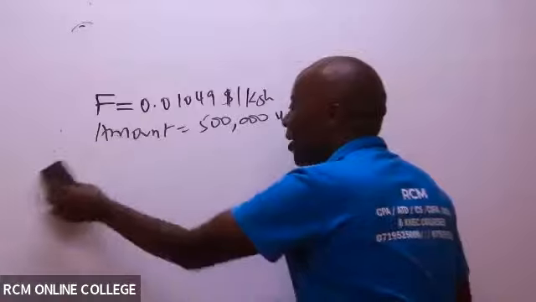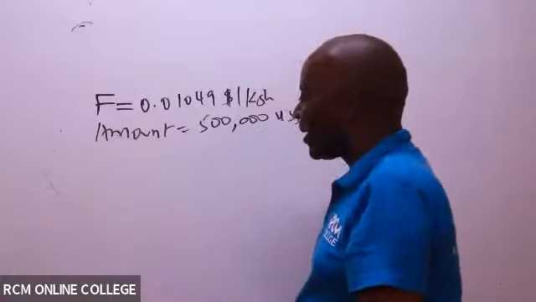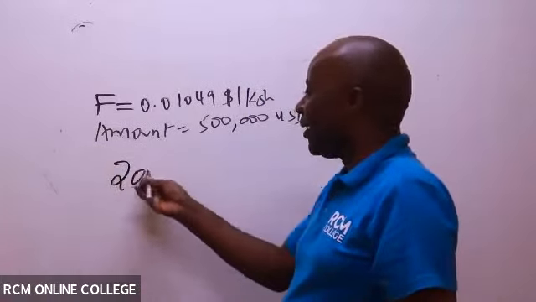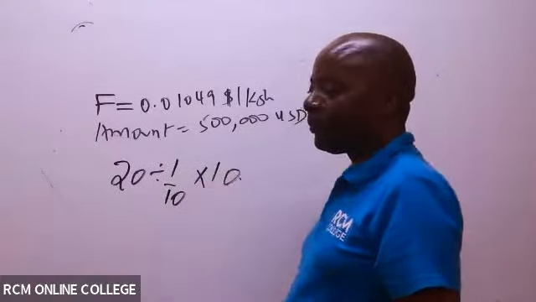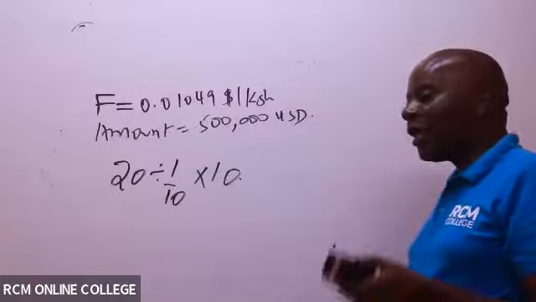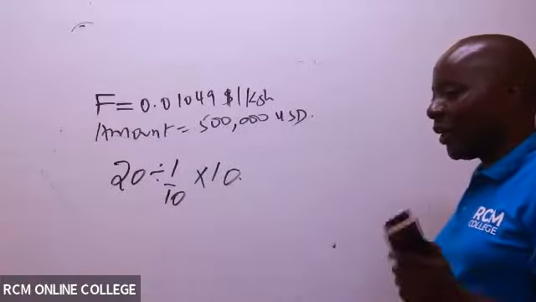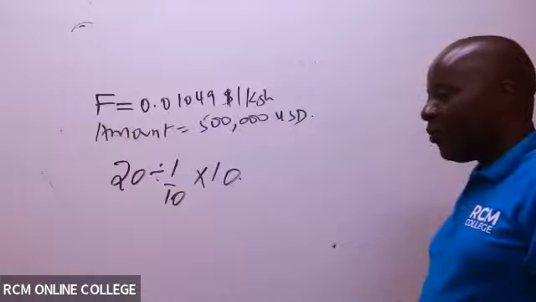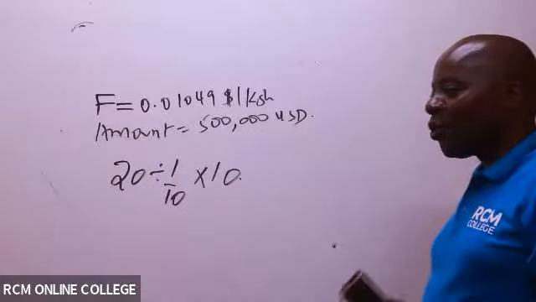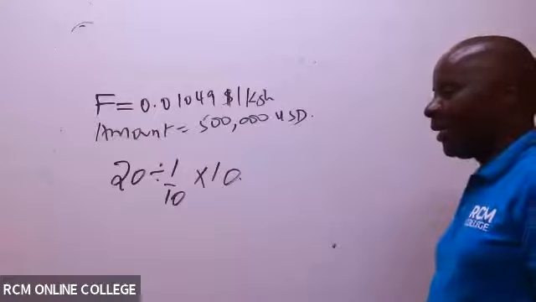All right. Lastly, before I leave this, I can see you guys are very good in BODMAS. 20 divided by 1/10 times 10. I'm so sure you guys are using your calculators. It's because you're using your calculators that you're able to get it right. If you are not using your calculators, I'm so sure most of us will not be right.